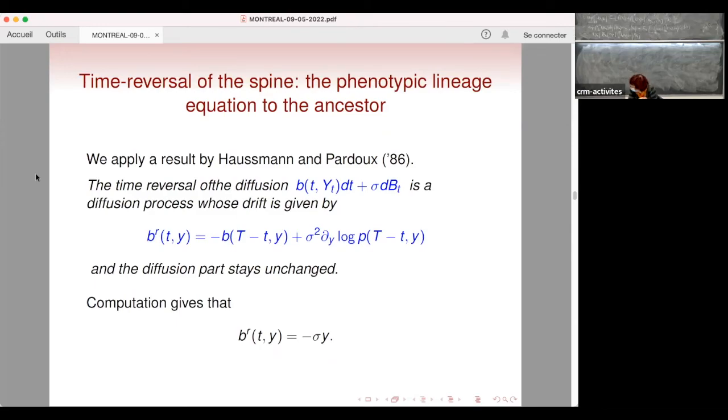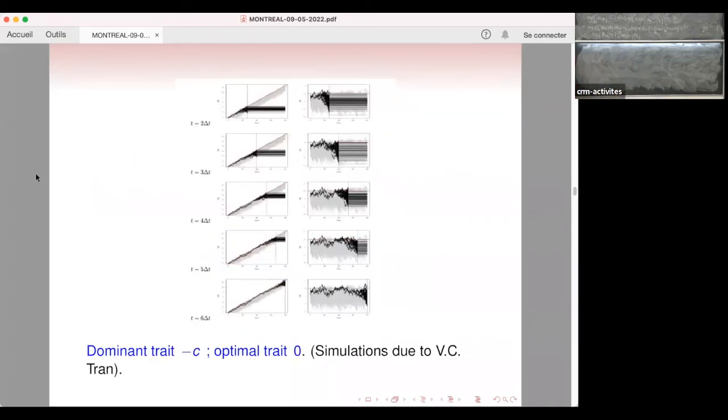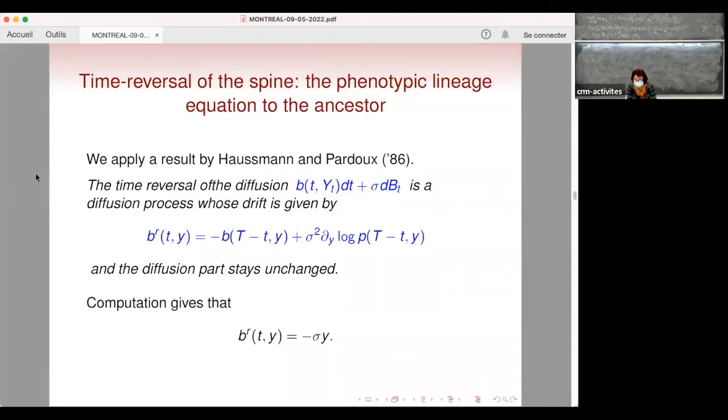Now, as I said, I would like to better understand the reverse point of view. What is the trajectory? How can I summarize this trajectory? We use the very well-known framework of reverse time trajectories in diffusion processes, which is due to Haussmann and Pardoux in the 80s.